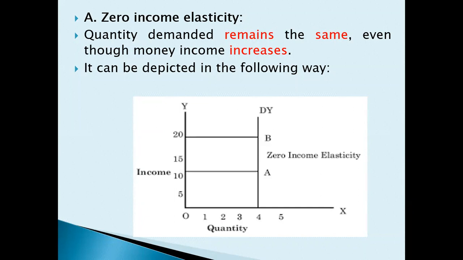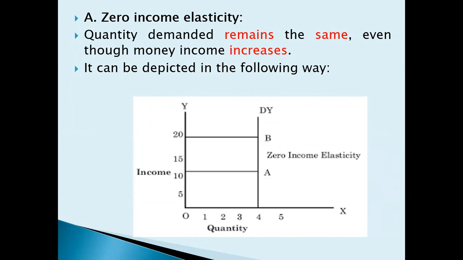So here on x-axis I have taken number of quantities like 0, 1, 2, 3, 4, 5, and on y-axis I have taken my income. For example, 5,000, 10,000, 15,000. At 5,000 rupees income I was purchasing 4 t-shirts. When my income increased to 10,000, at that time also I am purchasing only 4 t-shirts.